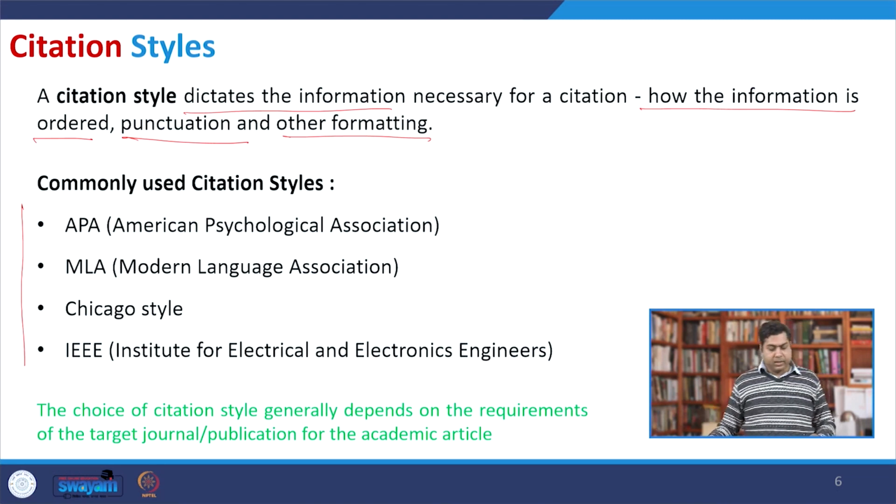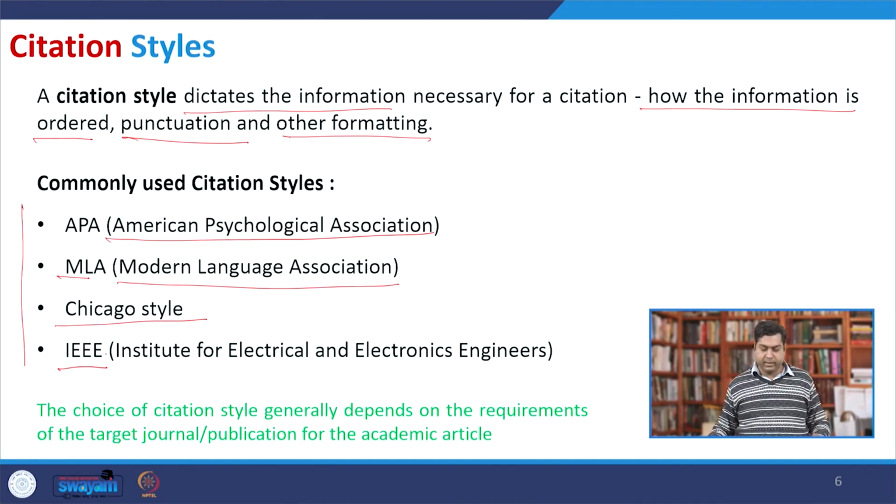One is APA, which is American Psychological Association, MLA, Modern Language Association, then the Chicago style, and also IEEE, Institute of Electrical and Electronics Engineers. The catch is that the choice of citation style generally depends on the requirement of the target journal or publication for an academic article.